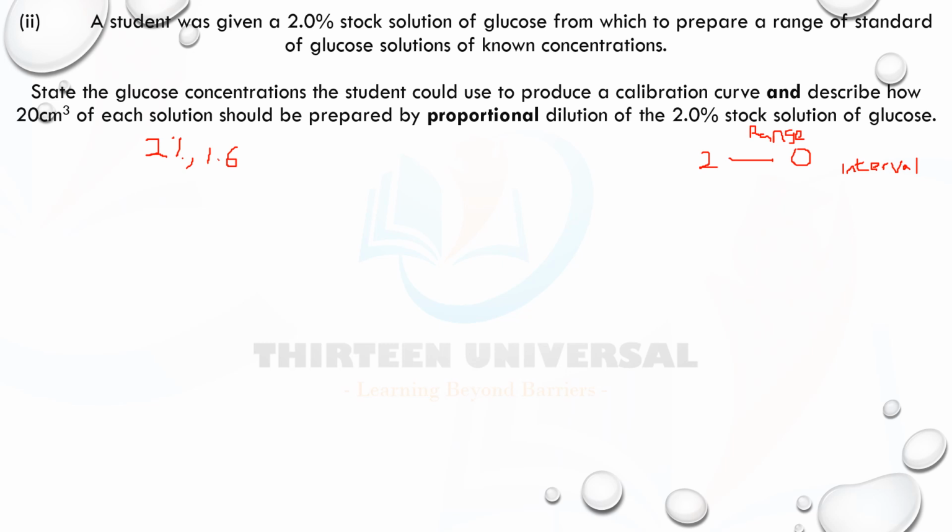Remove 0.4 from 1.6, it's going to be 1.2%. I'm generating those concentrations. Remove 0.4 from that, that will give you 0.8. Somebody will be asking, how do I know 0.4?